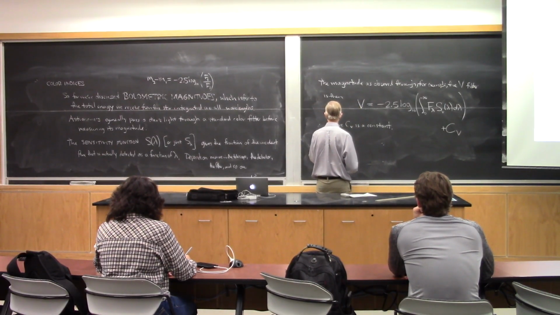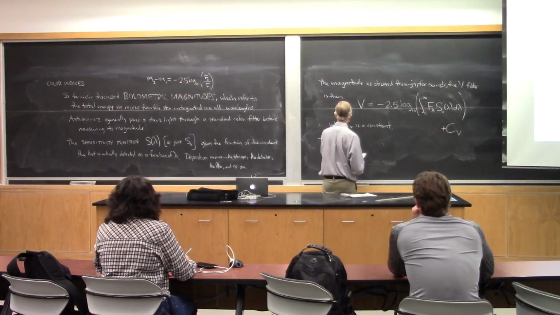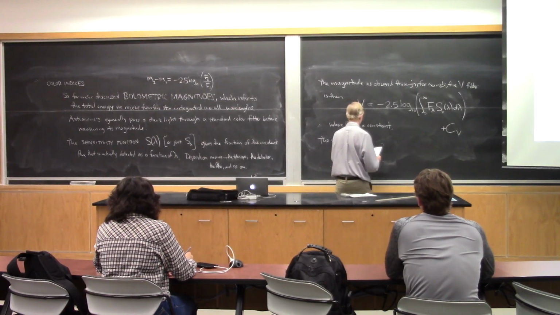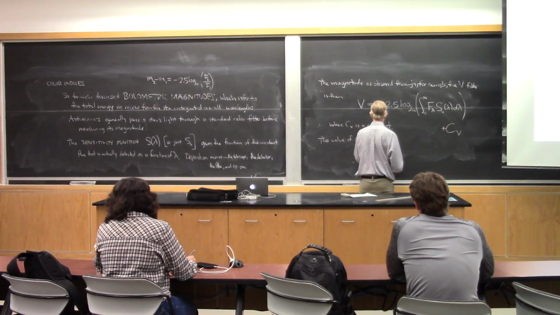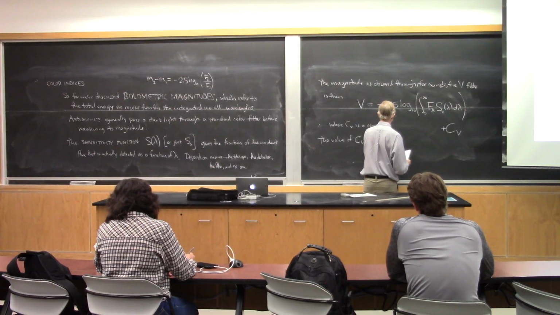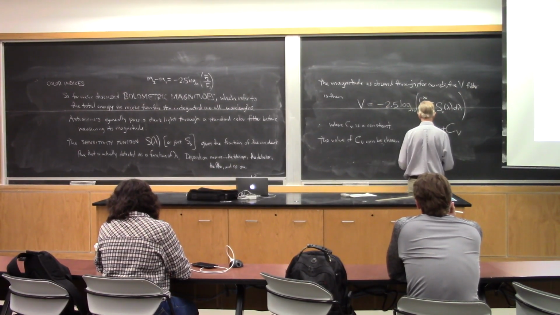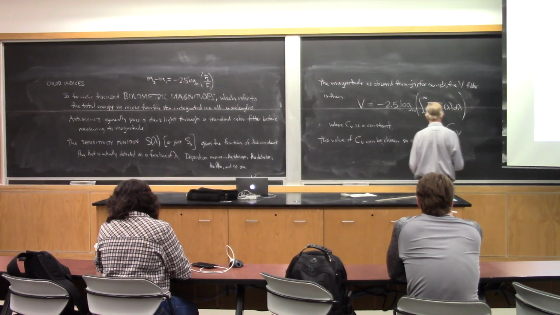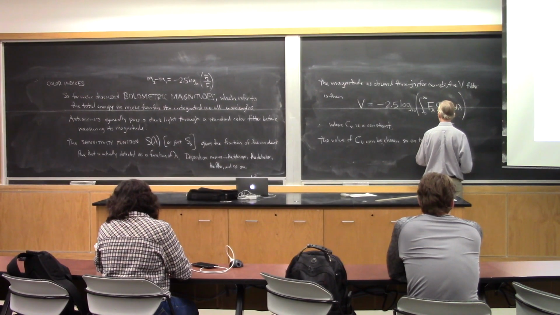So the value of CV can be chosen so as to define what constitutes a 0th magnitude star.